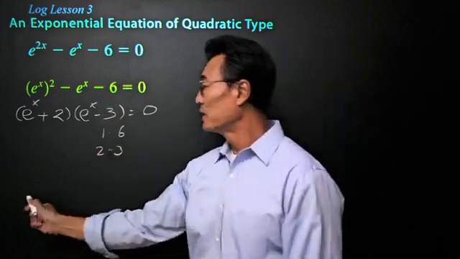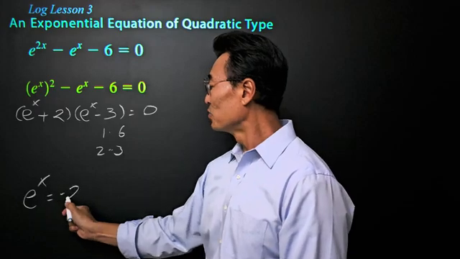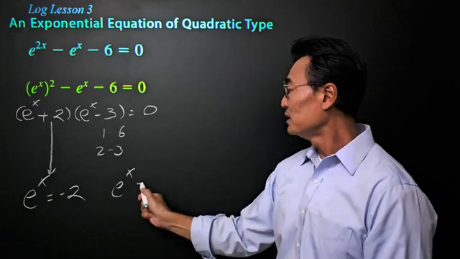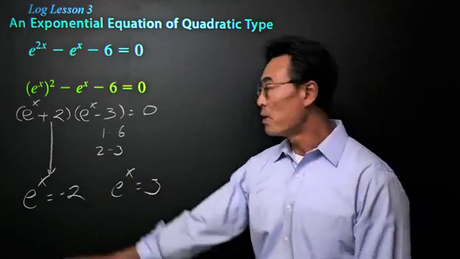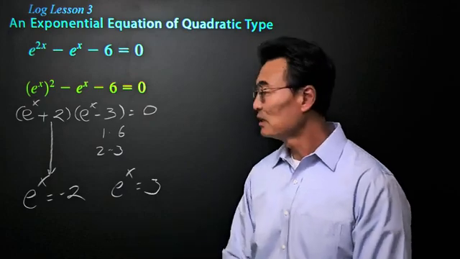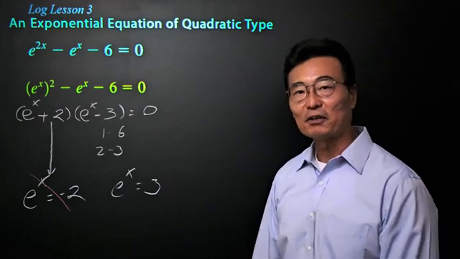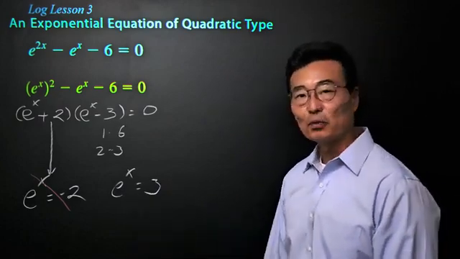To solve, we now have e to the x equals negative 2 from here, and we have e to the x equals positive 3. Remember, when you take anything to an exponent, it cannot be a negative value. So we can eliminate this portion as part of our solution and finish with this equation here.